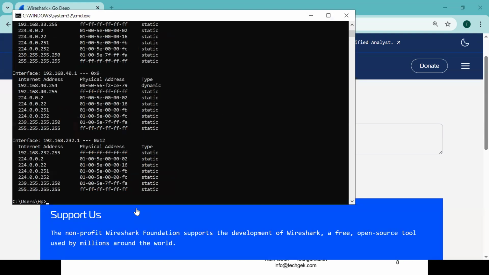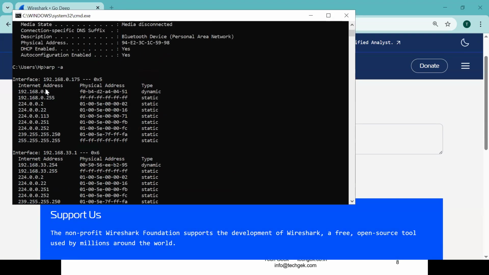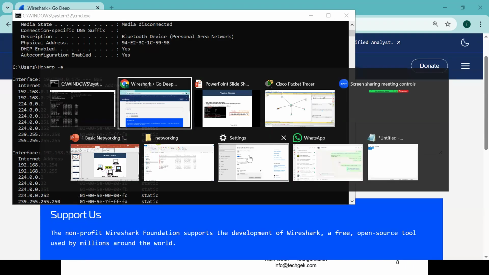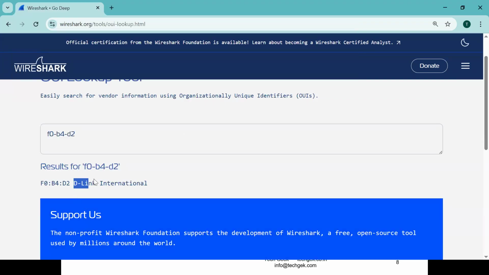If I want to see what my network is here, I can see 192.168.0.1, which can be considered as the network that is there in the router. If I copy these three octets and paste this here, I'm going to get D-Link International here. So this is the router where I have connected.